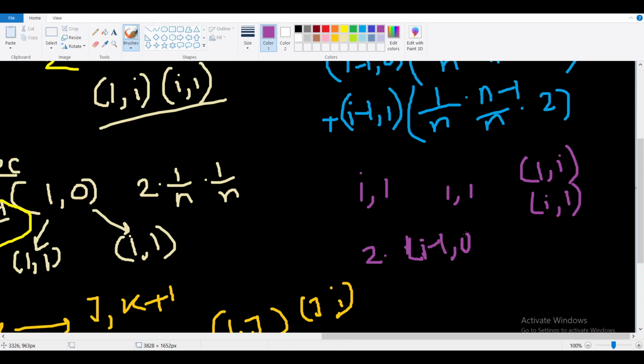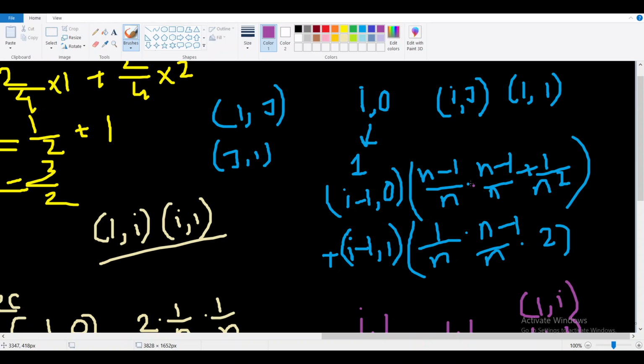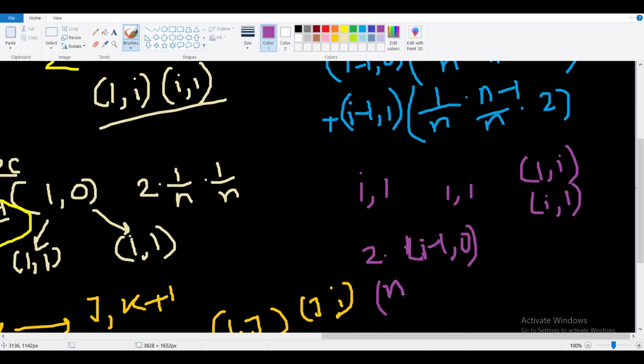That is one probability. And the second case is that the ball is at the current index, so we can choose anything other than this. So it is (n-1)/n into (n-1)/n, plus 1/n into 1/n, into dp[i-1][1].